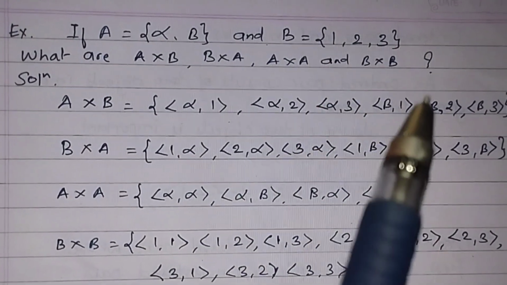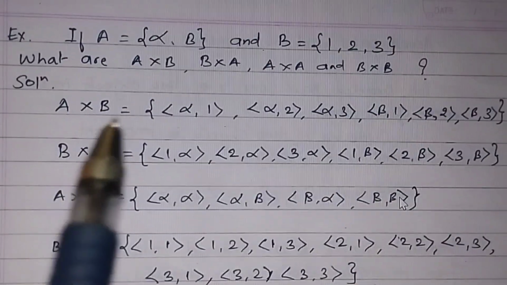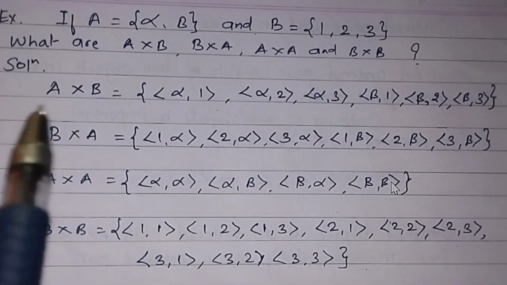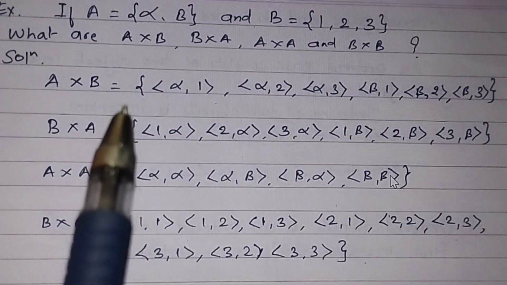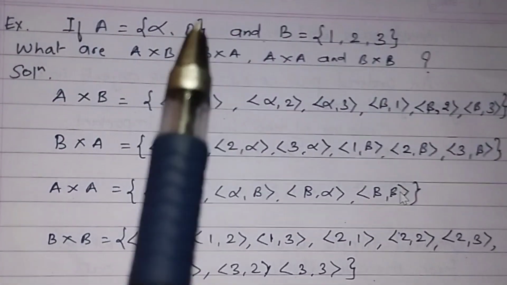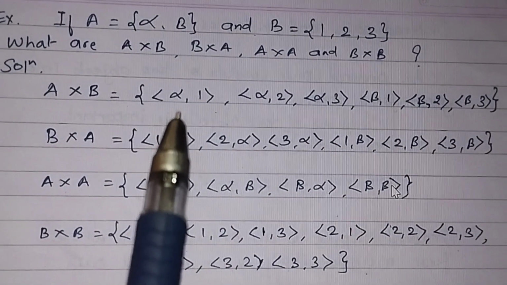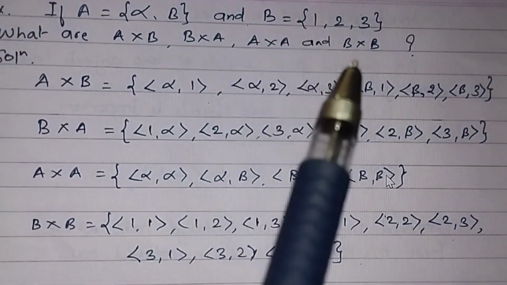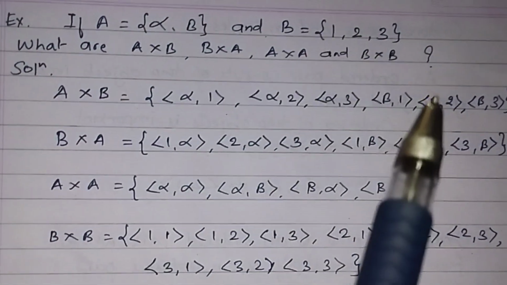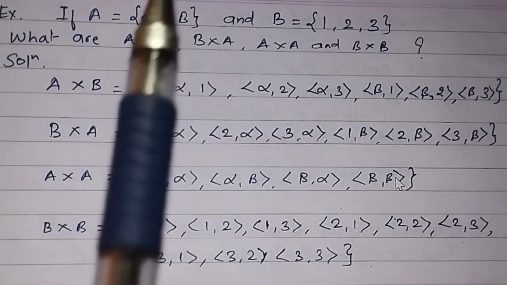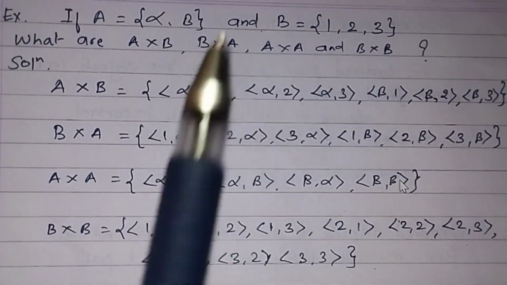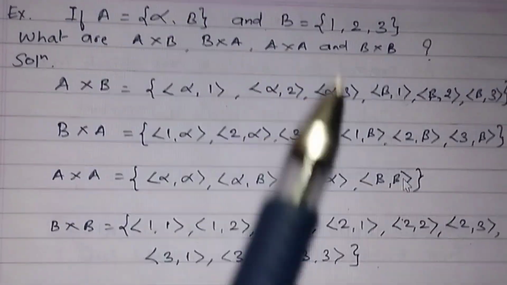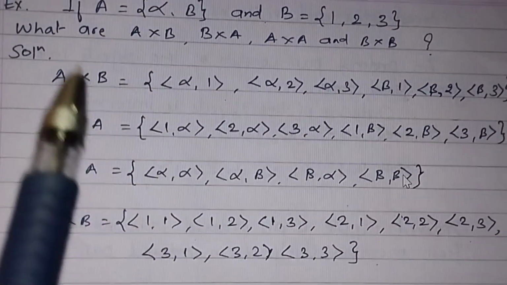Now A into B means the first element is always from the A set and the second element is from the B set. So first we take alpha as the first element and one element from the B set: alpha and 1, alpha and 2, alpha and 3, beta and 1, beta and 2 and beta and 3. So the condition is fulfilled here: the first element is from the A set and the second element is from the B set.